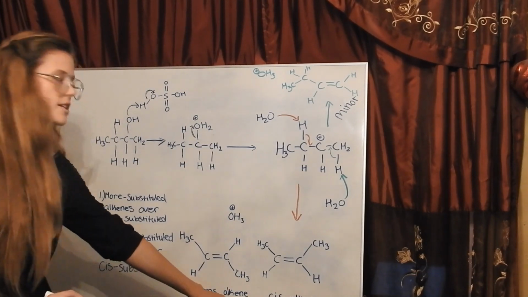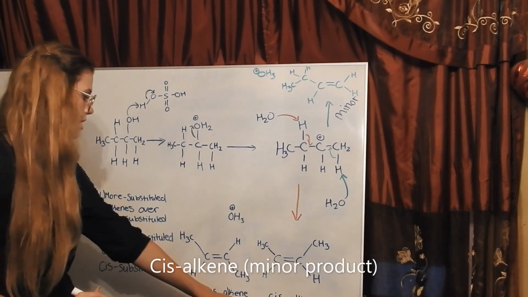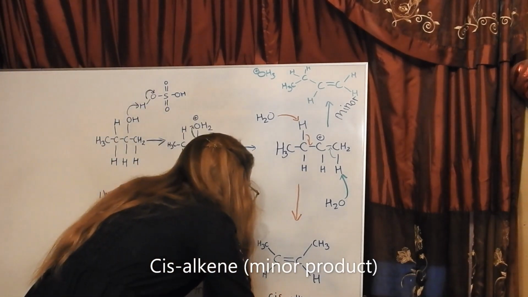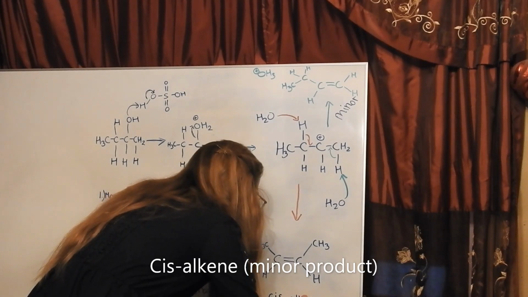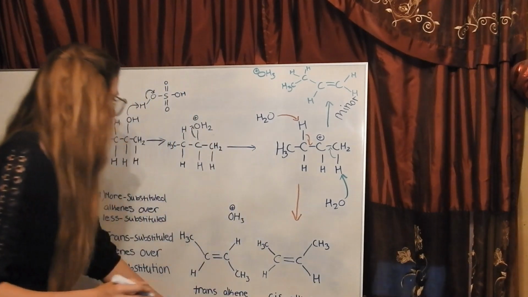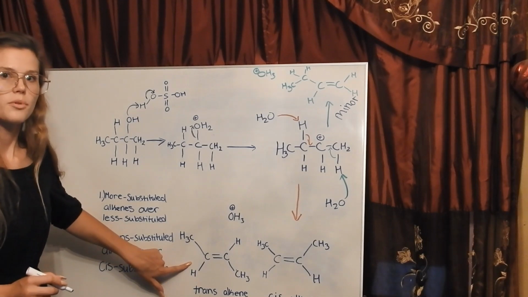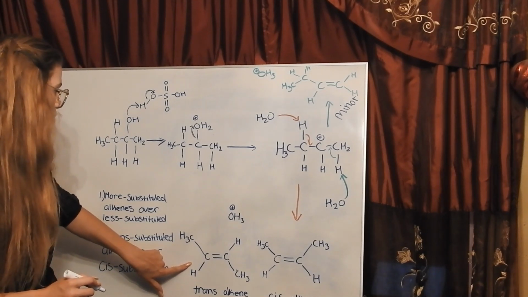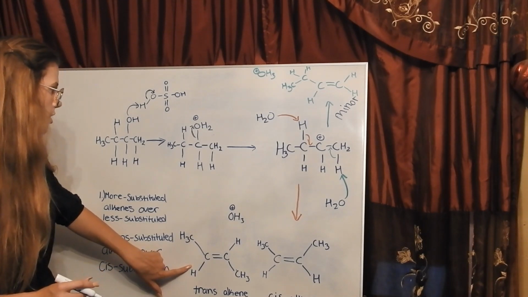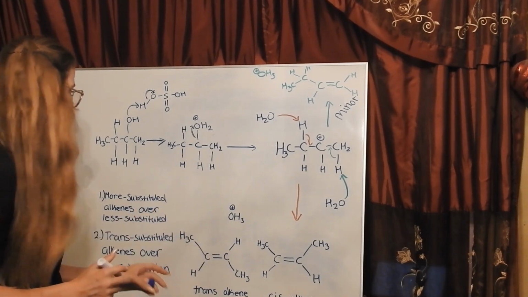And since this one is the cis alkene, it's also a minor product. Therefore, this product is the most likely to occur based on this reaction.